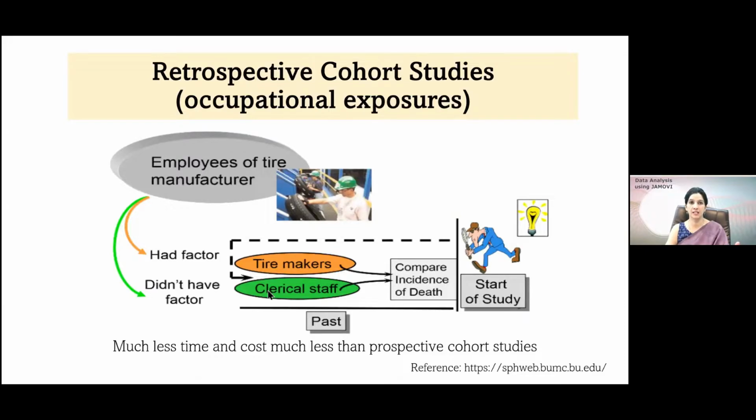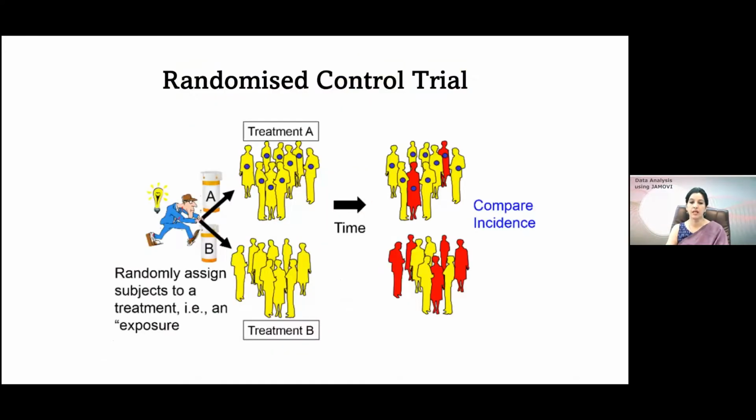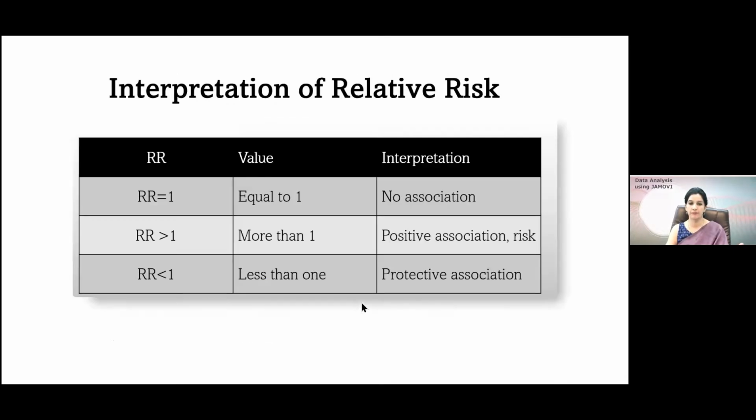The tire makers were exposed, and the clerical staff did not have the factor. Then they compared the incidence of death. It requires much less time and the cost is much less than the prospective cohort study. And then again there is the randomized control trial, where you randomly assign treatment A and treatment B to the two groups of people, and then you compare the incidence.